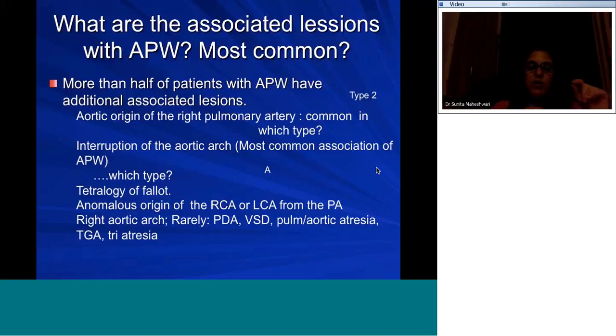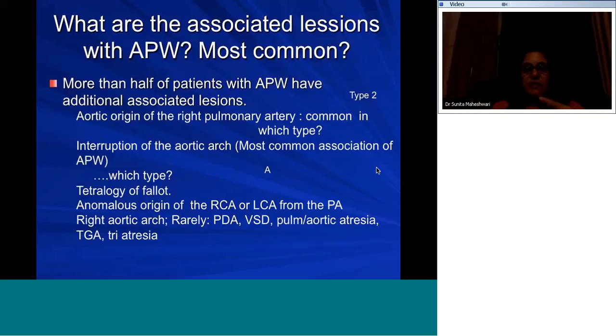This is very important to remember, because when you diagnose your aortopulmonary window, you need to also look at your aortic arch. So the associations are most common interruption of the aortic arch, then aortic origin of the RPA, where the RPA comes off from the aorta, which you see in type 2.